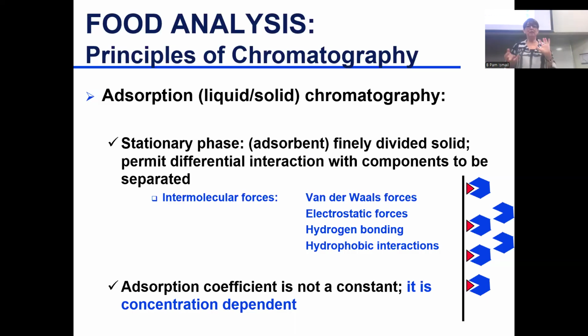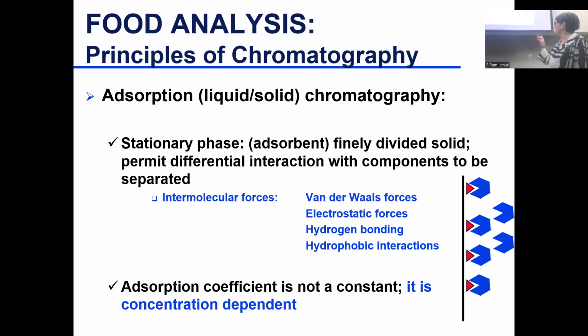So the stationary phase is a fine powder that is solid in nature and has specific functional groups. So these red triangles are representative of functional groups on the solid phase that will interact via non-covalent interactions, all different types of non-covalent interactions with those functional groups on the solid phase.